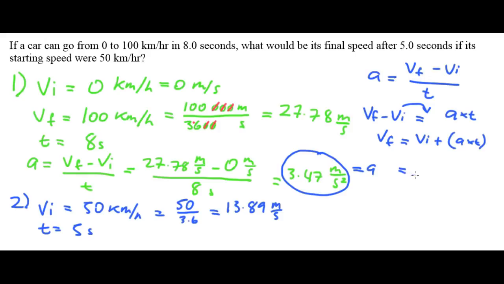So let's plug in the values. It was initially going at 13.89 meters per second. We add the acceleration, so it's going 3.47 meters per second faster every second.